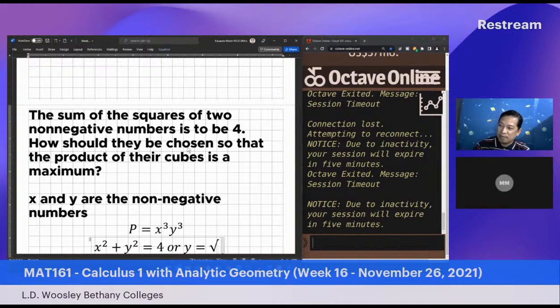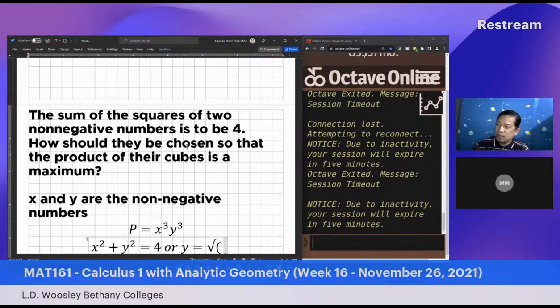So what you could have here, what's the answer? Square root of 4 minus x squared. Okay? Uy, hindi sumunod yung ano. Teka. Bakit kaya hindi sumunod?